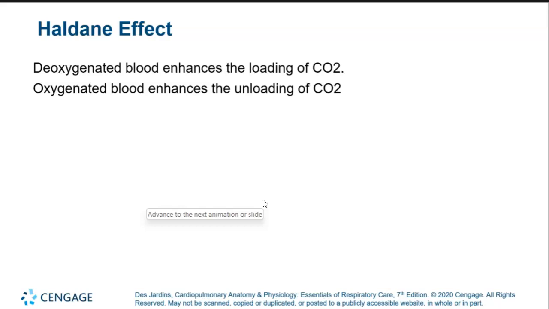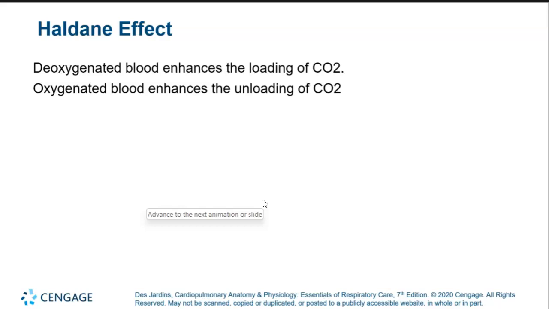The level of saturation of hemoglobin with oxygen is also affected by the carbon dioxide dissociation curve. So when hemoglobin is saturated with oxygen, there's less CO2 content for a given PCO2 than if the hemoglobin was, say, 75% saturated.